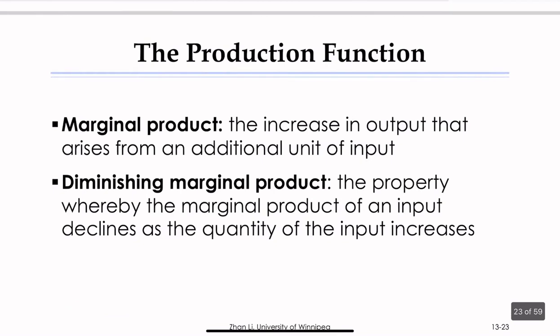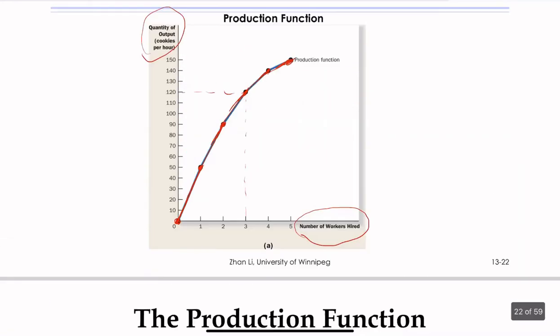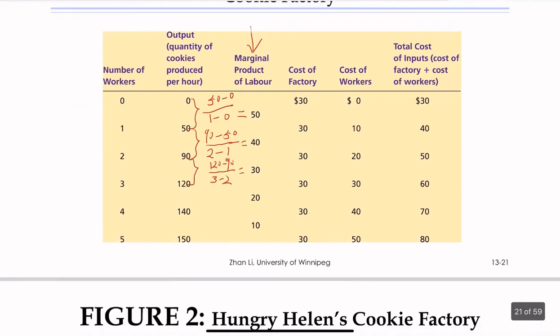Marginal product has a very important property, which is called diminishing marginal product. It basically says that as you increase the quantity of your input, the marginal product will decrease. Obviously, diminishing basically means decreasing, right? So let's see whether we could see this in this table.